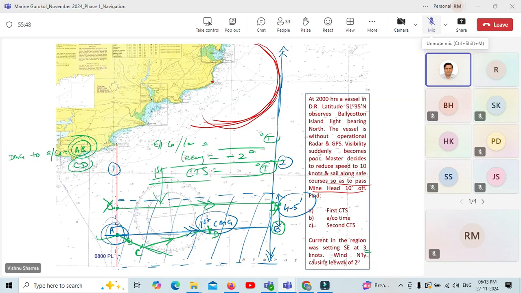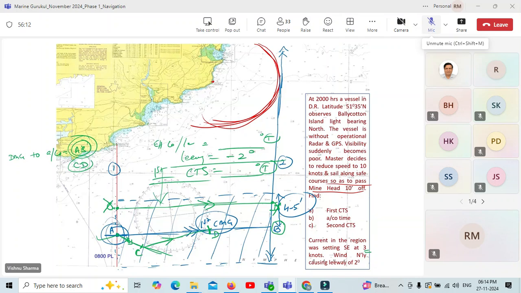I'm not saying I am at A. I could be at X, but even if I'm at X, I will steer the same course. I'll make good the course XY, and after the same time, I will reach the transferred PL. So in each case, I'll reach the transferred PL at the same time, notwithstanding whether I'm at A or at X or some other position.